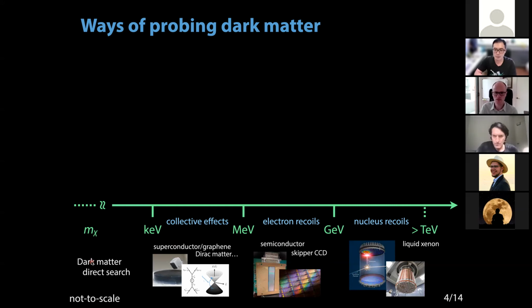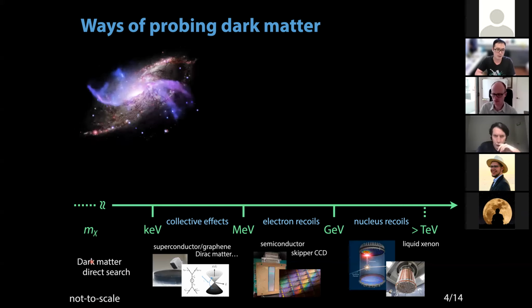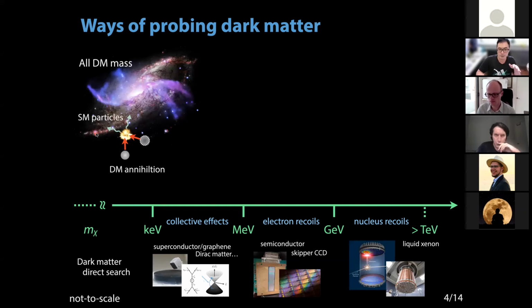In addition to the direct search, we can also view this problem from the astrophysical environment, such as our Milky Way. It is believed that there's a lot of dark matter gathered in the center of our Milky Way. Suppose anti-dark matter does exist in the current universe, and it can annihilate with the dark matter and produce visible signatures, such as photons or neutrinos.